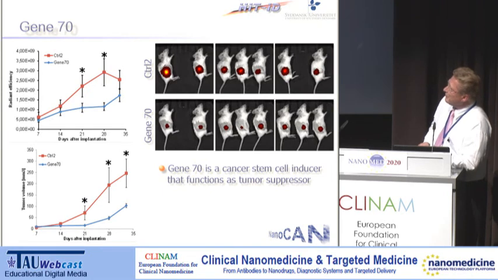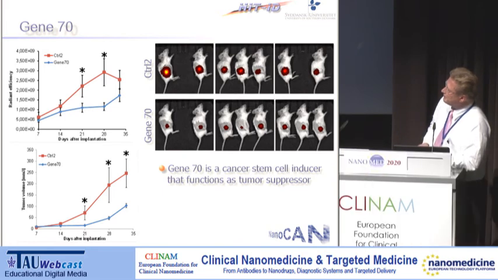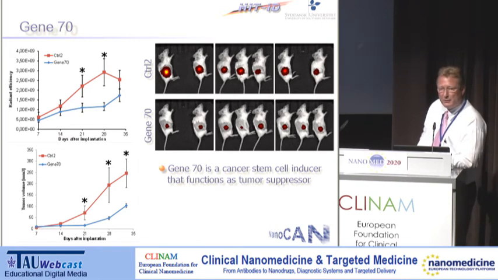In fact, when we implanted these cells into mice in an orthotopic implantation model and compared that to control cells just carrying a reporter, we found that tumorigenesis is significantly suppressed by this gene, and that can be monitored well by imaging, as shown here, and also by measuring the tumor volume. So, as it seems by now, we have picked up a gene that is a breast cancer stem cell inducer that functions as a tumor suppressor. That is pretty much opposing mainstream.